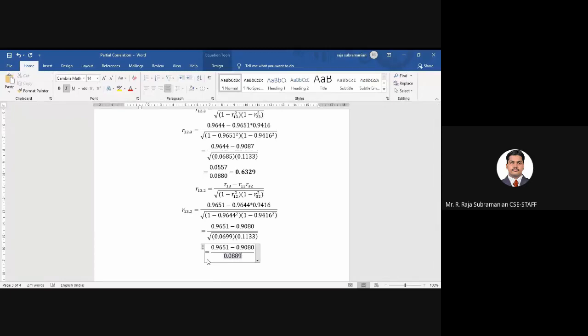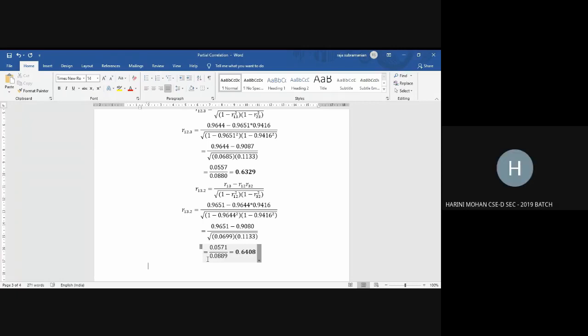And the numerator is 0.9651 minus 0.9080, that is 0.0571. Okay. And the final is again less than 1, only 0.6408. Okay, Sasi, 0.6408. So this is the same answer everyone got.